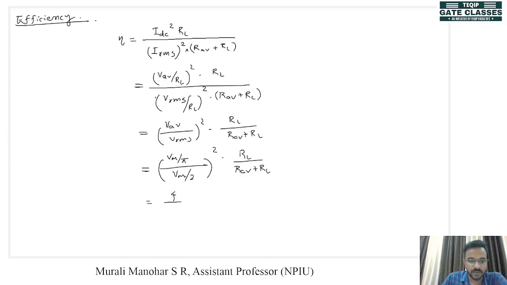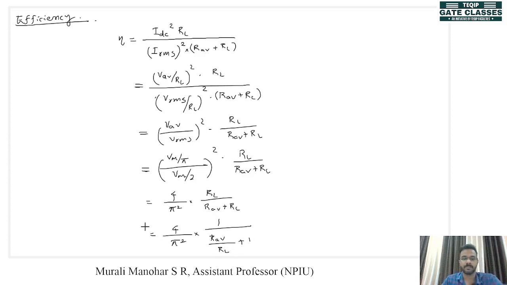So that is 4 divided by pi square into RL divided by RAV plus RL, which is 4 divided by pi square into 1 by RAV by RL plus 1.